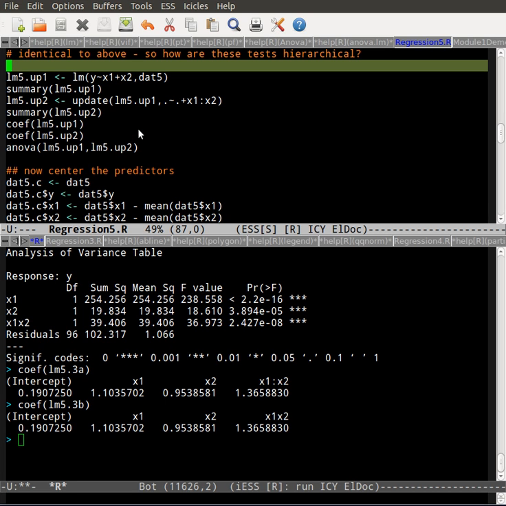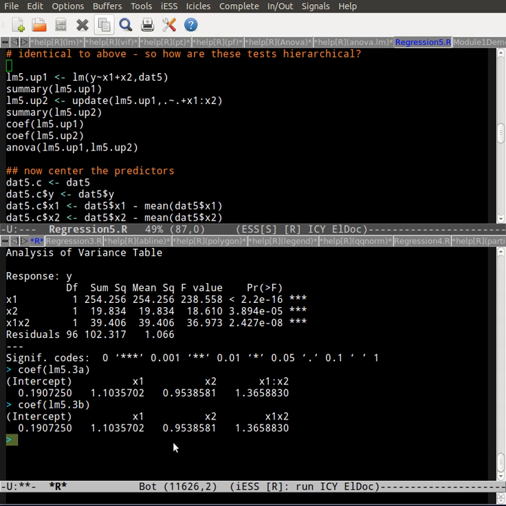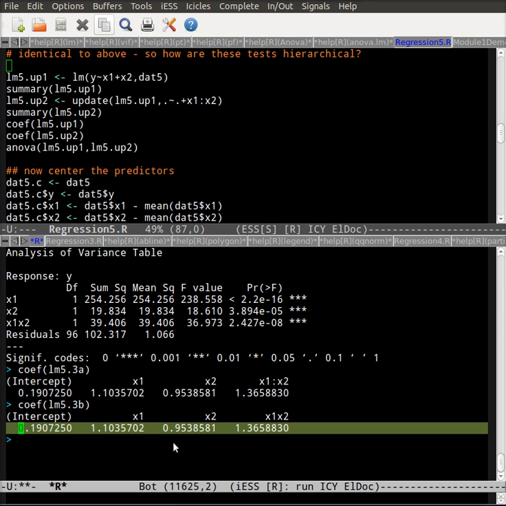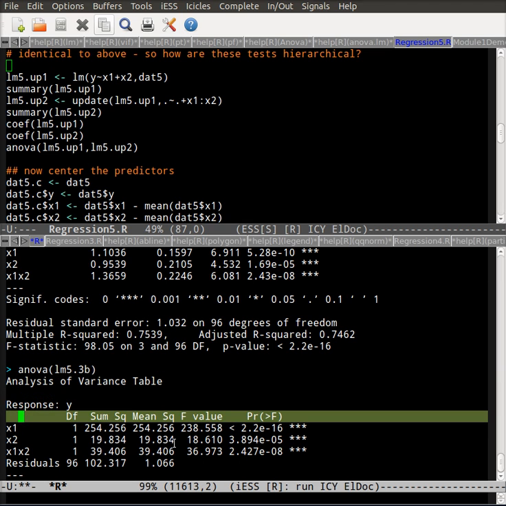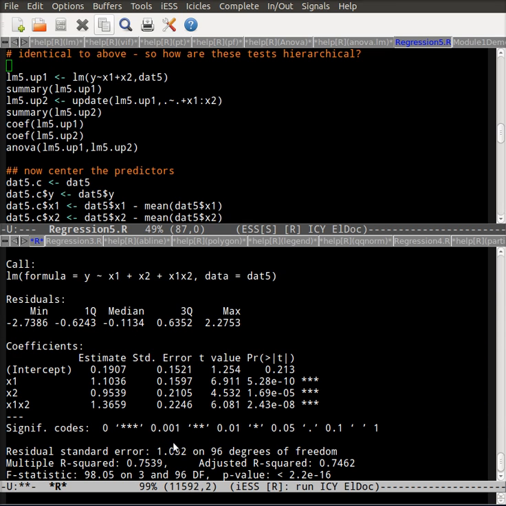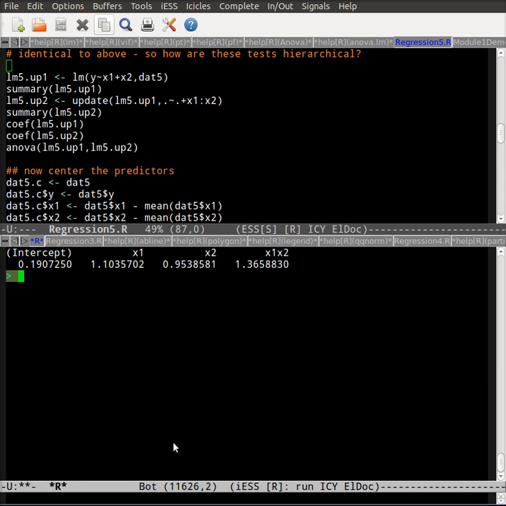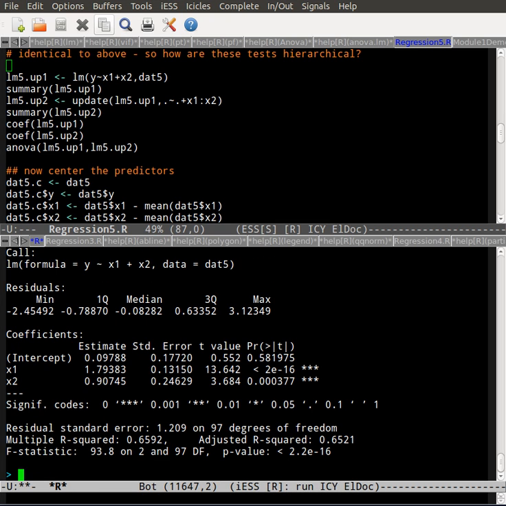Well, they're hierarchical for many reasons. One is when you're testing, instead of looking at the ANOVA, I'm going to look at the regression results. When I test for just main effects, let me give you a summary for H2, because these are just two main effects.